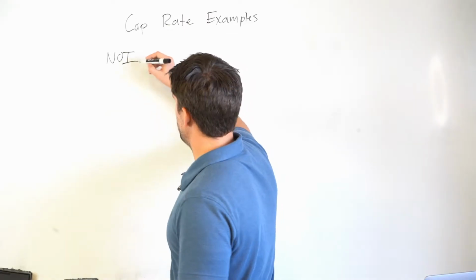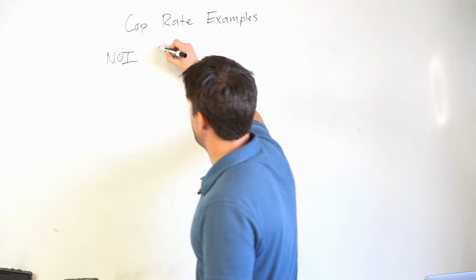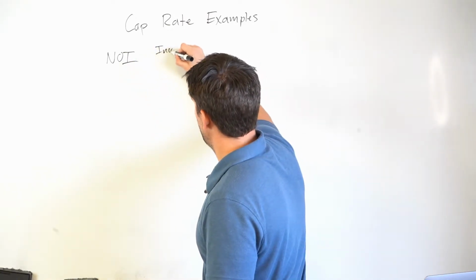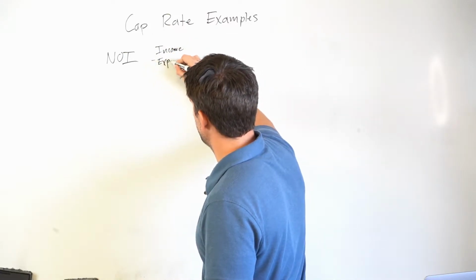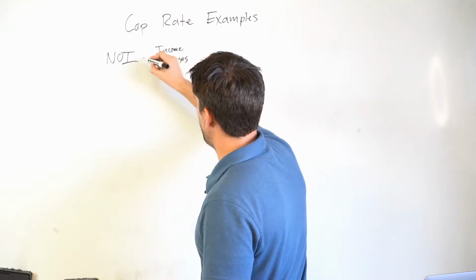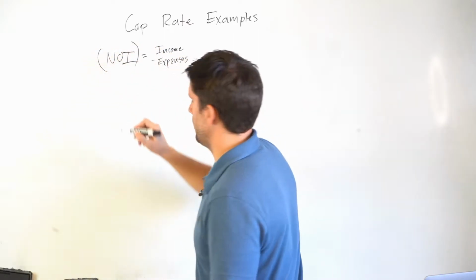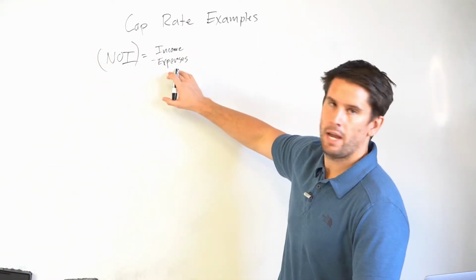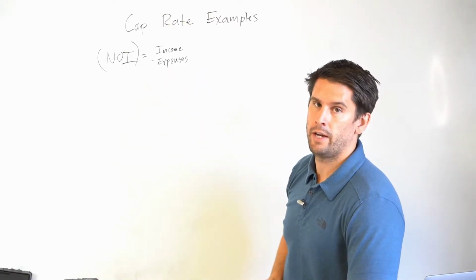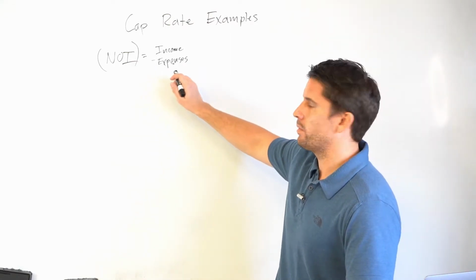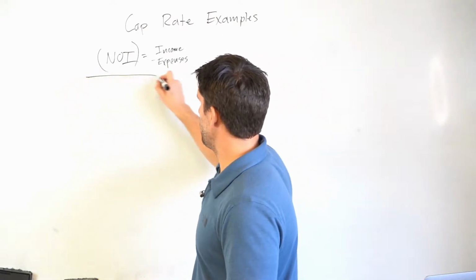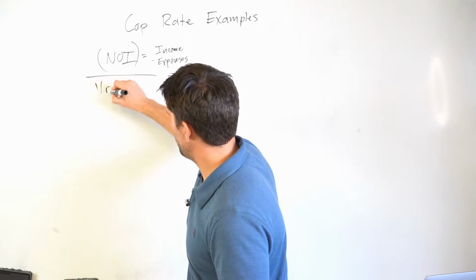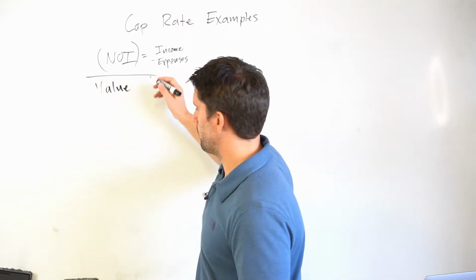So cap rate is your net operating income. As we know, net operating income is your income on the property minus the expenses you have on the property. This is before paying the mortgage, the debt service on that property, and it is for operational expenses, no capital expenditures. So a cap rate is the net operating income divided by the value of the property.